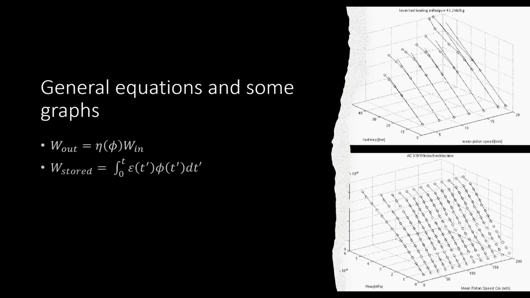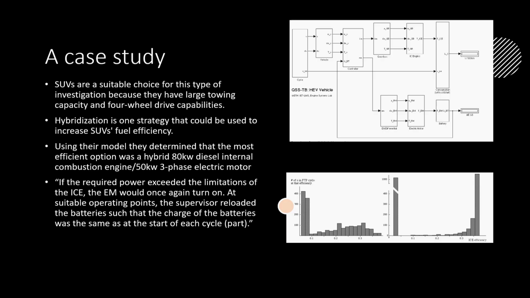What they found is that they got a 41% increase in efficiency when they combined it, compared to a standard SUV. They also found that it was still able to maintain its 1,000-pound towing capacity without having to sacrifice that efficiency.